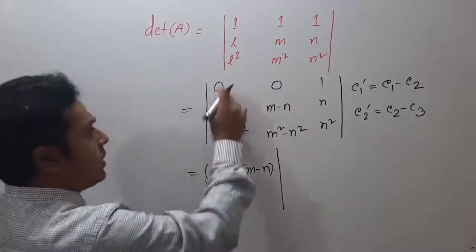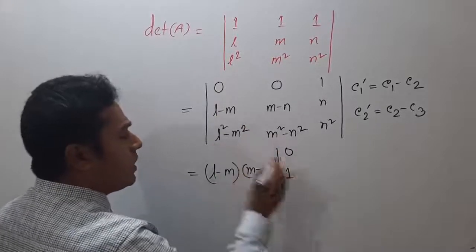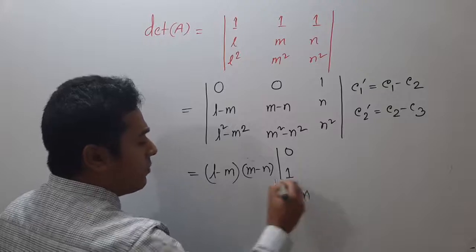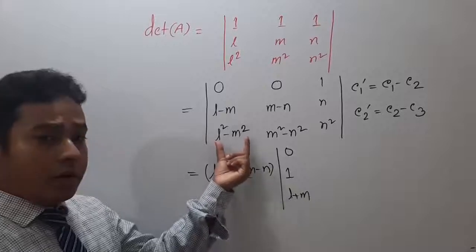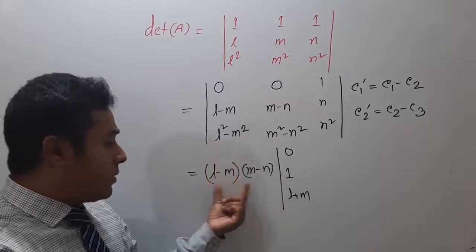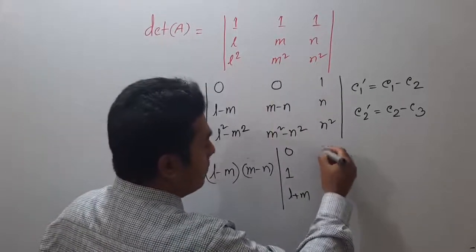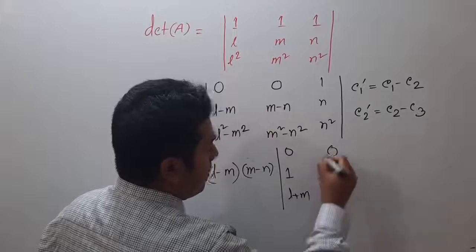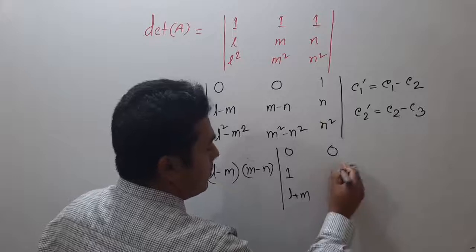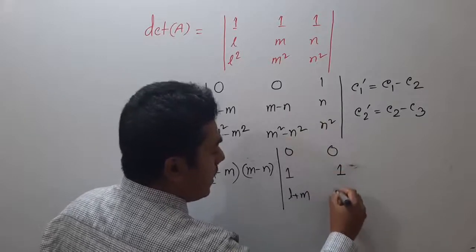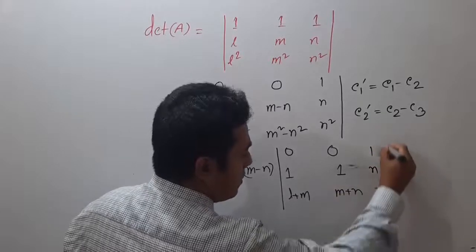Here in this, 0 and here 1, it will be 1, and it will be L plus M, because by the algebraic formula the remaining term after taking L minus M common is L plus M. And in a similar way in this column it will be 1 and this is M plus N, then the third column will not be changed. Okay.